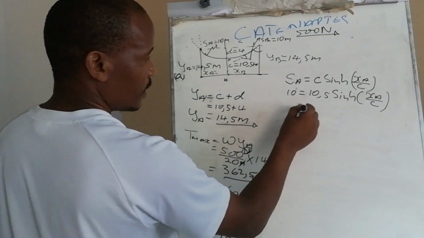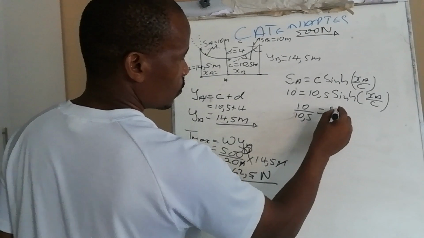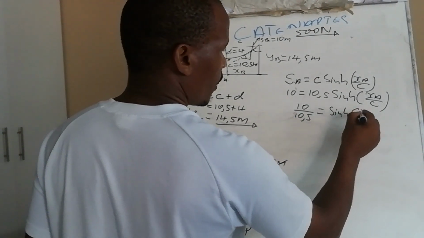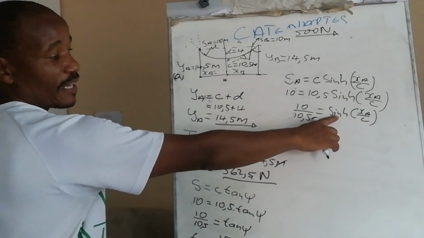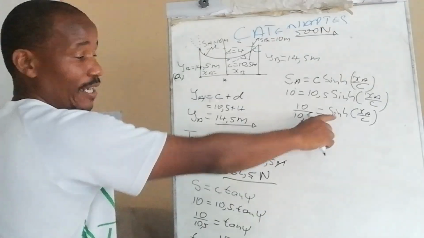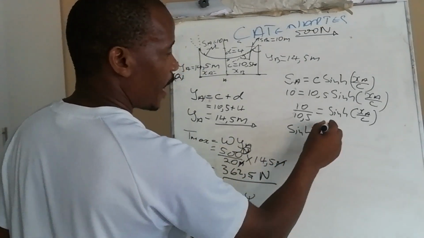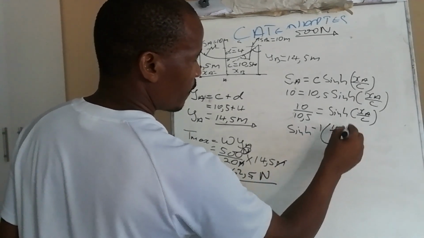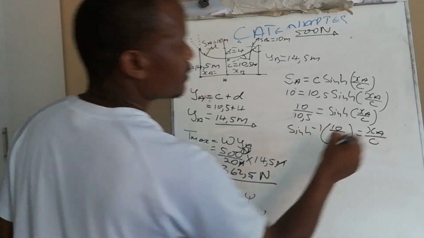We're going to have 10 divided by 10.5 is equal to the hyperbolic sine of XA over C. Now we can take the inverse and we're going to get the arcsine hyperbolic. The arcsine hyperbolic of 10 over 10.5 is equal to XA over C.